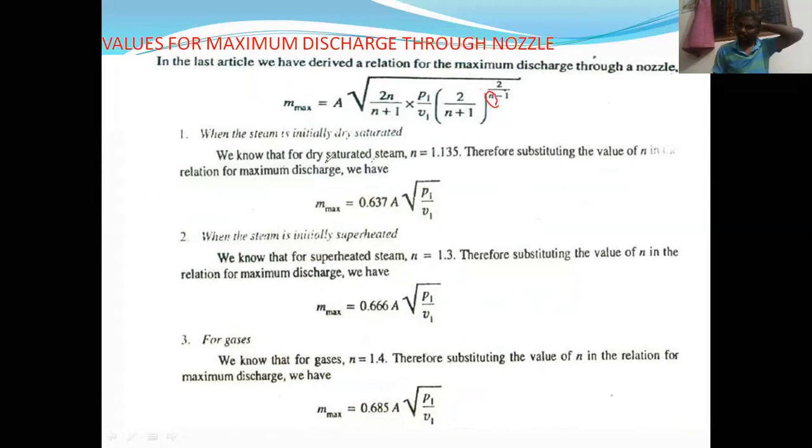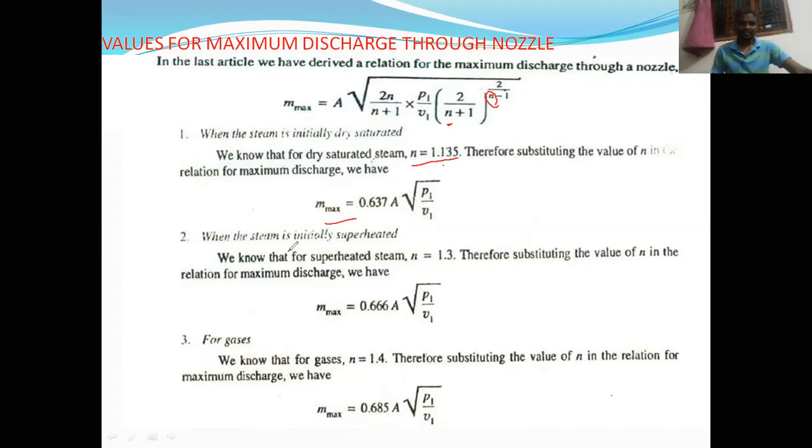For example, when the steam is initially dry saturated, n is equal to 1.135. If you substitute this value instead of n, you will get m max as 0.637 a into under root P1 by V1. This is for initially dry saturated steam.